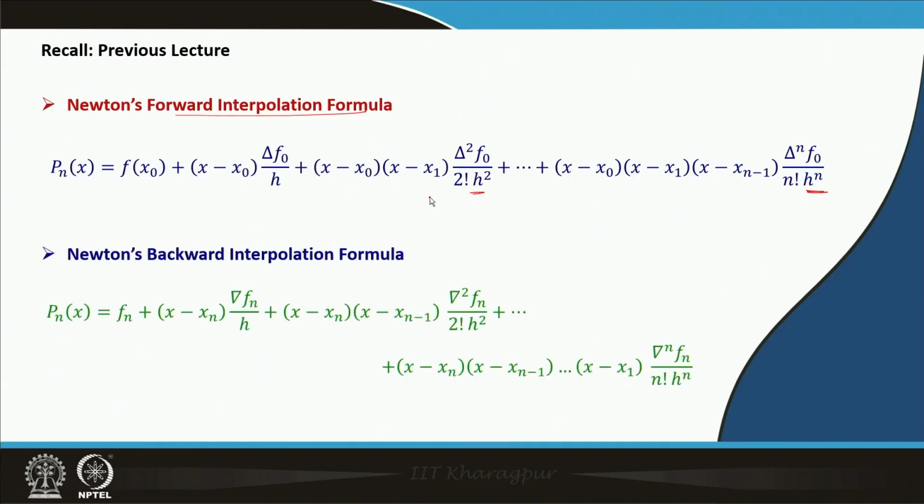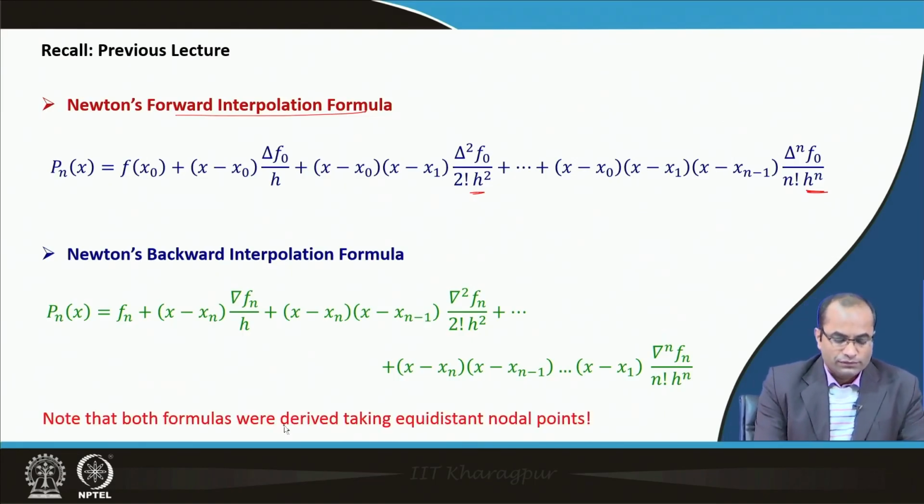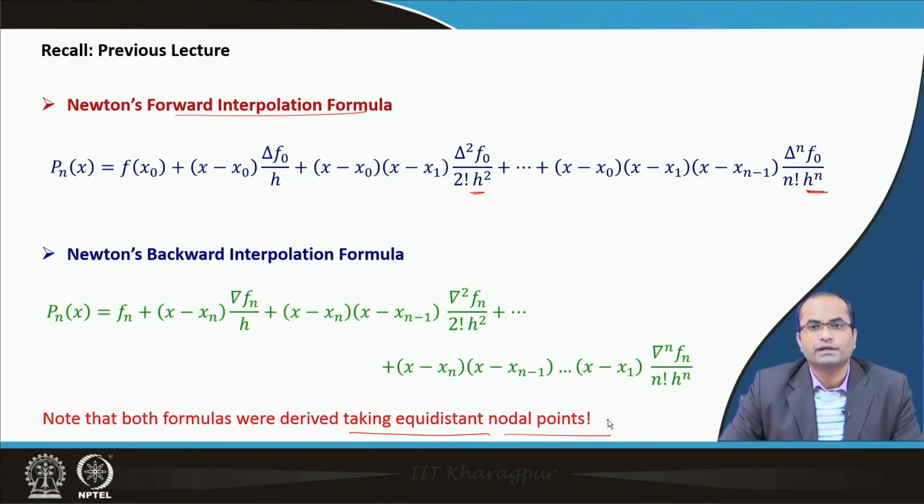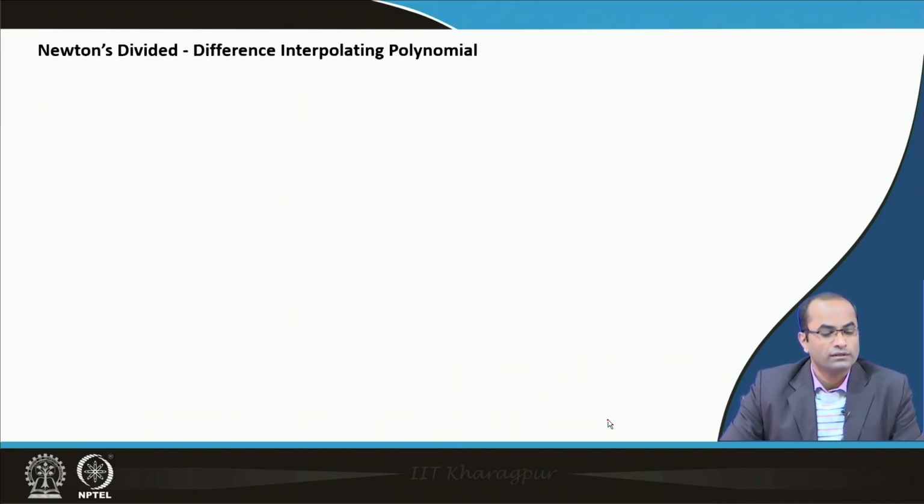Similarly, for the Newton's backward formula as well, we have assumed that these nodal points are equidistant. So, this is a note here also, that both the formulas were derived taking equidistant nodal points, and now we will be talking about two more formulations which are more general in the sense that we can have non equidistant nodal points as well.